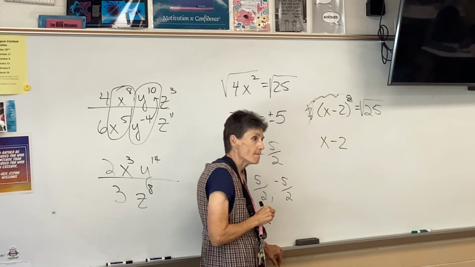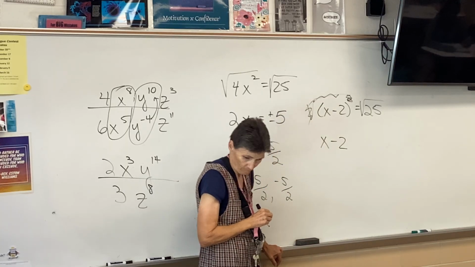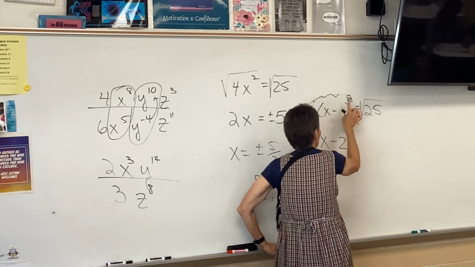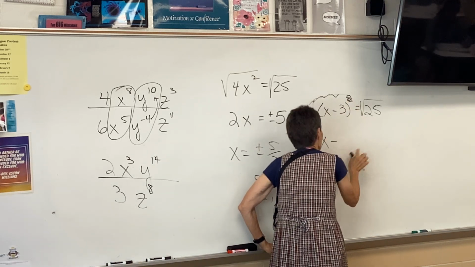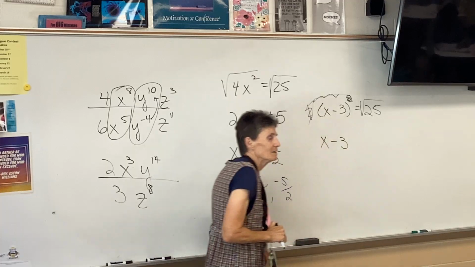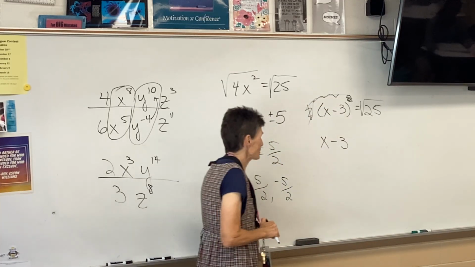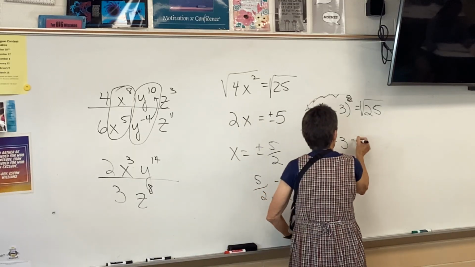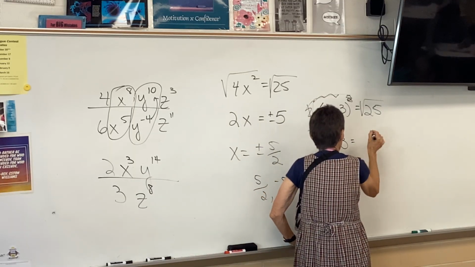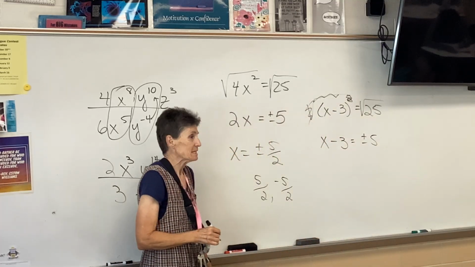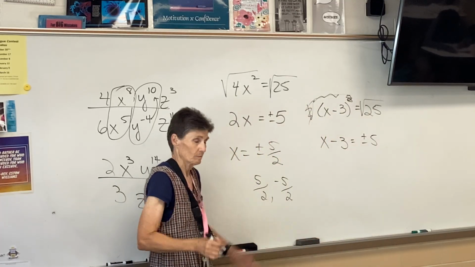On the page it says x minus 3. Oh, it does, thank you. So that's x minus 3. Okay, what's on the other side? Plus or minus 5? Yes. Easy to forget, but don't.